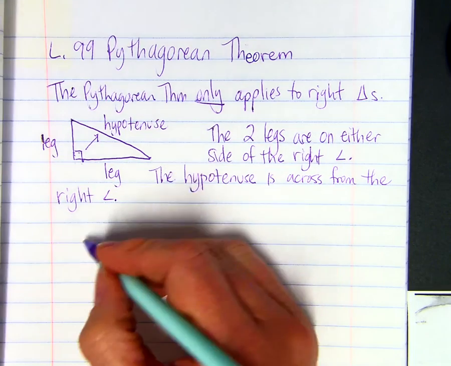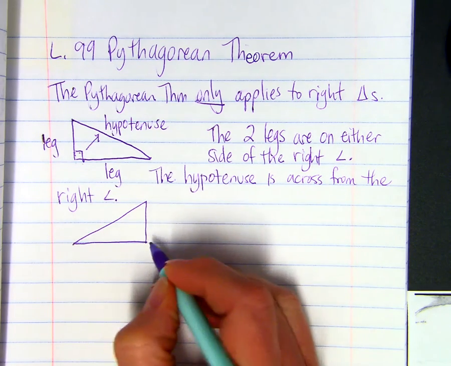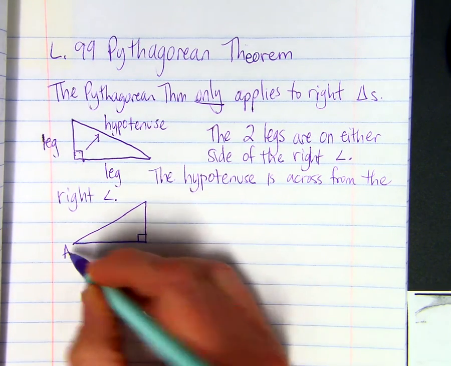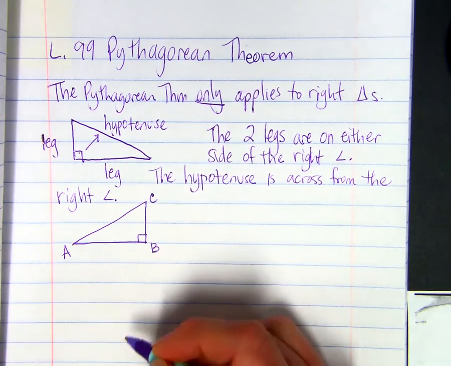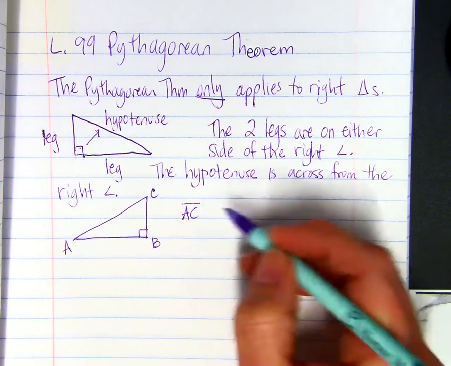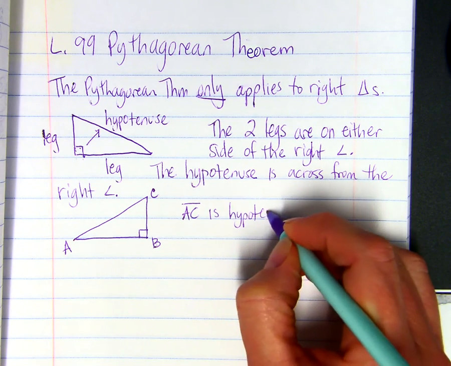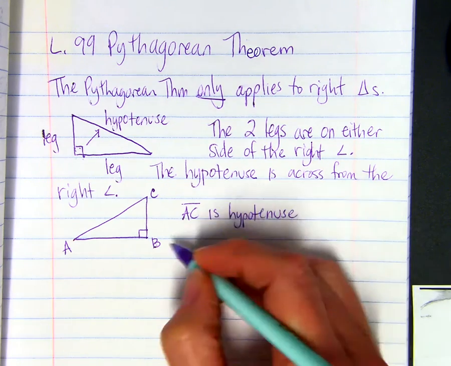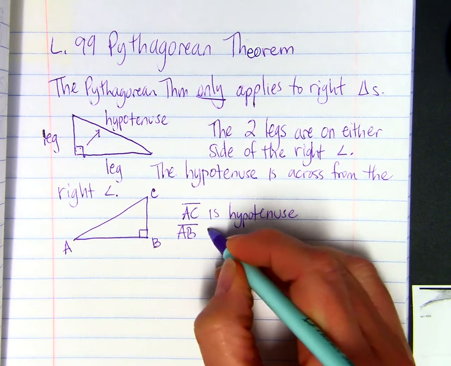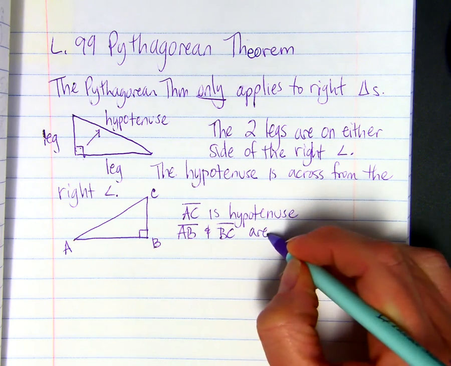So if we draw a triangle, we're going to draw this ABC, where B is the right angle. We can look at this and say, okay, segment AC is the hypotenuse. Segment AB and segment BC are legs.